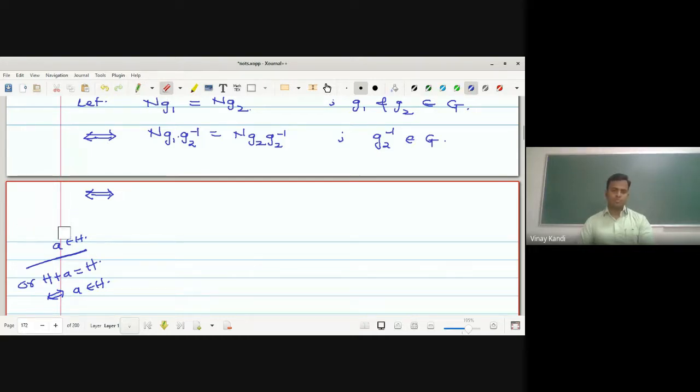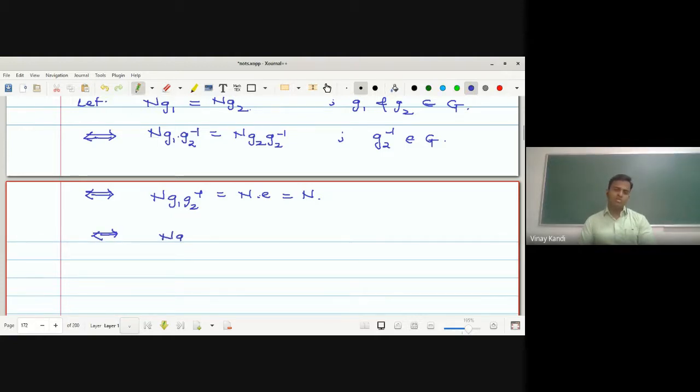Now, this is N G1 G2 inverse is equal to N into E. Okay, G2 into G2 inverse is identity, which is equal to what? N. Okay. So hence this implies and implied this n G1 G2 inverse is equal to n.